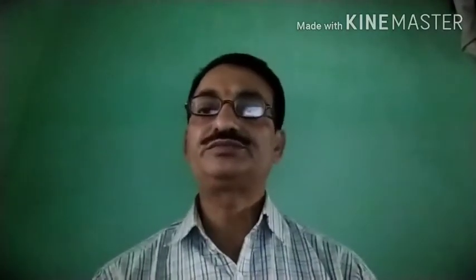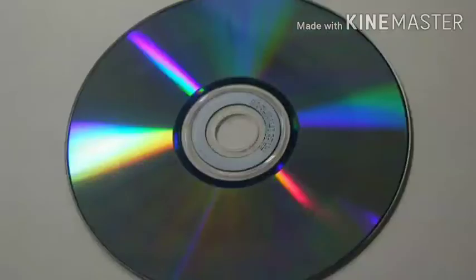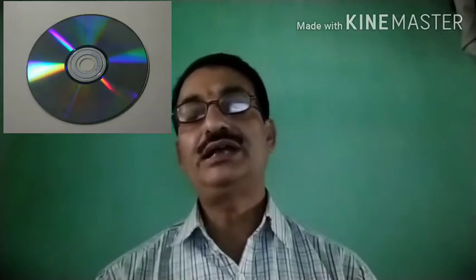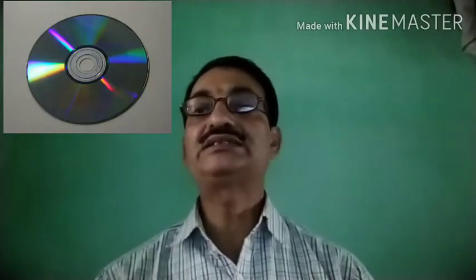So the first external storage is compact disk. The feature of the compact disk: it is a portable and permanent storage device, looks like a circular plate, and one side is polished with some magnetic materials. Its size is 4.7 inches and it has a capacity to store 650 to 700 MB of data.